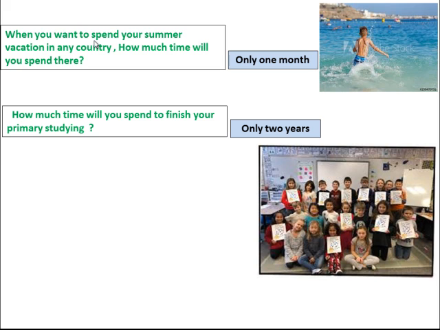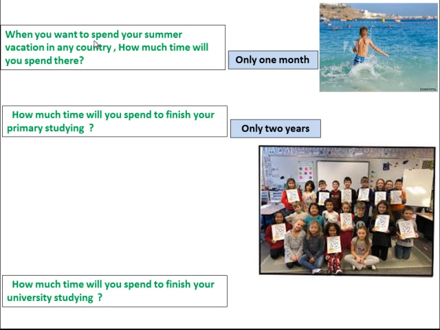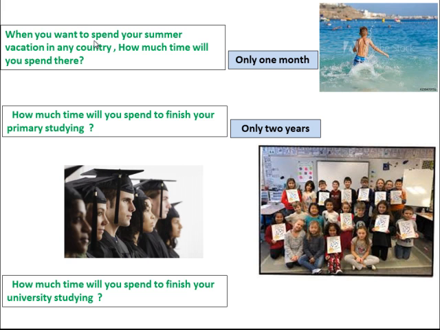Now you are in grade 4, so you need about 2 years to finish your primary studying. How much time will you spend to finish your university studying? Maybe 4 or 5 years. When I was in university, I studied 4 or 5 years to finish it.